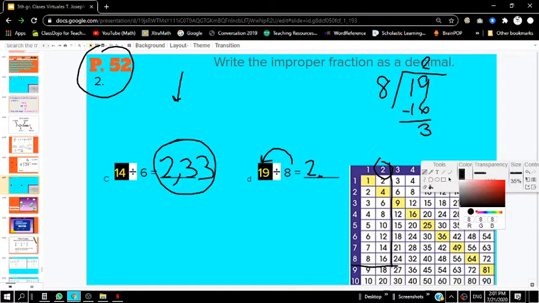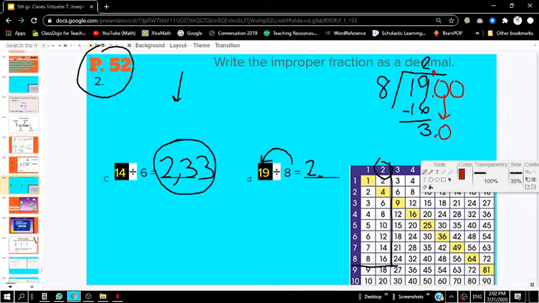And right away, I am going to put my decimal point in the spot right next to my 19 and add a couple of zeros. I'm going to bring my 0 down. Technically, what I'm doing is asking how many times does 8 go into 3, not 30. So in that case, I'm going to bring my decimal point up to my answer. 2 point something, like I said before, is going to be our answer.